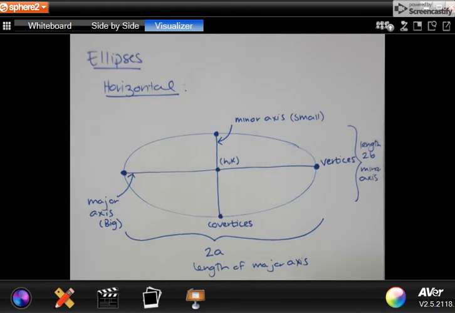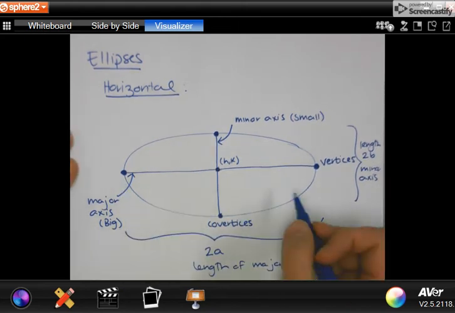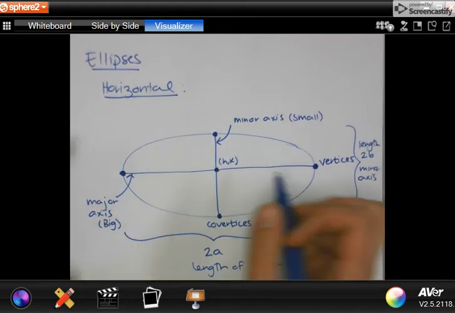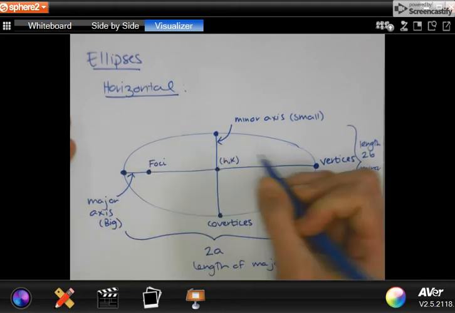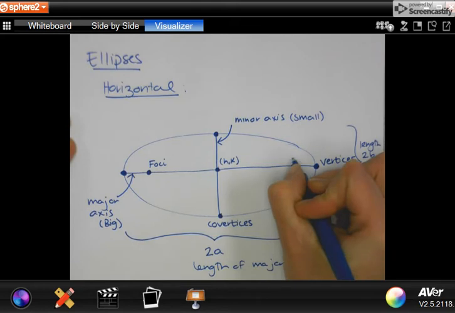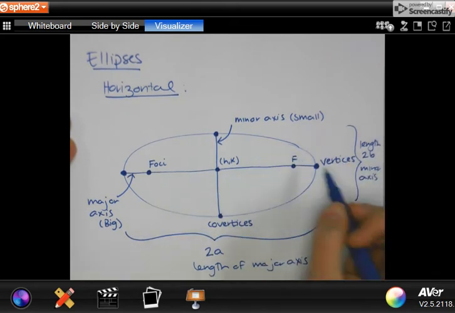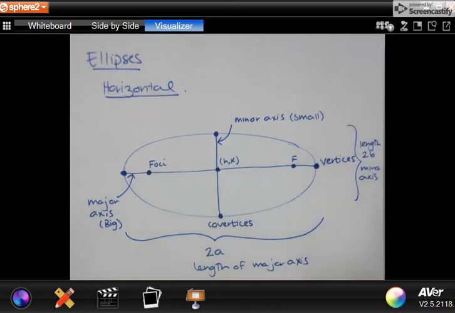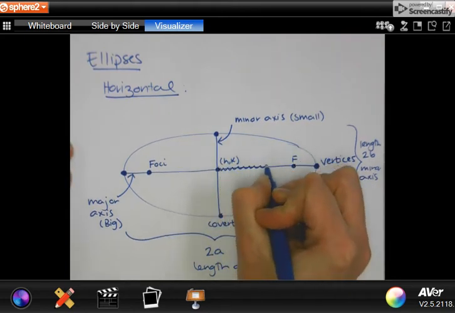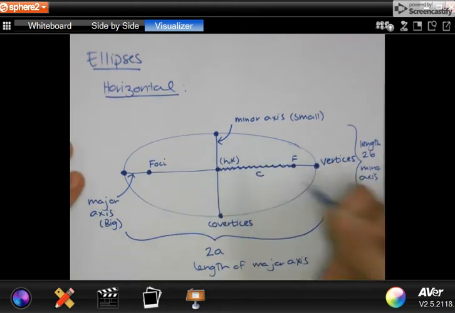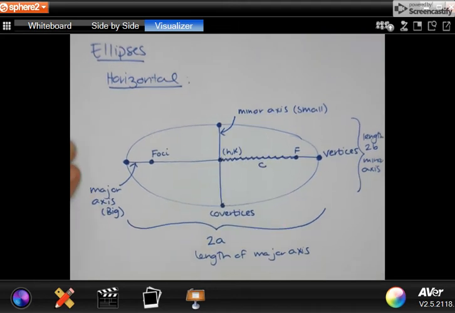Something else that we have labeled, and it's always along the major axis but inside the ellipse, are the foci. The foci are located along the major axis inside the ellipse. They're a distance of c away from the center.